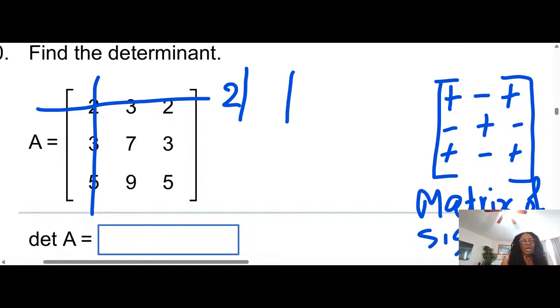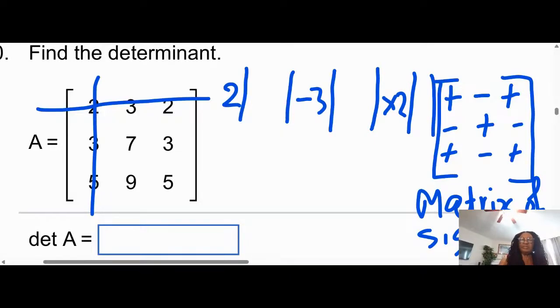And then I will also have negative 3 multiplied by a 2 by 2 matrix, and then multiplied by 2 and a 2 by 2 matrix again.